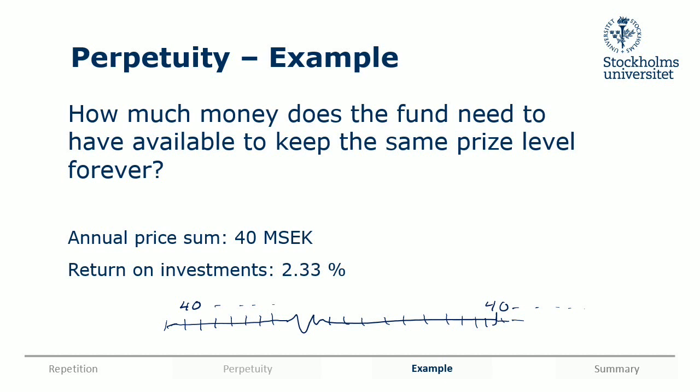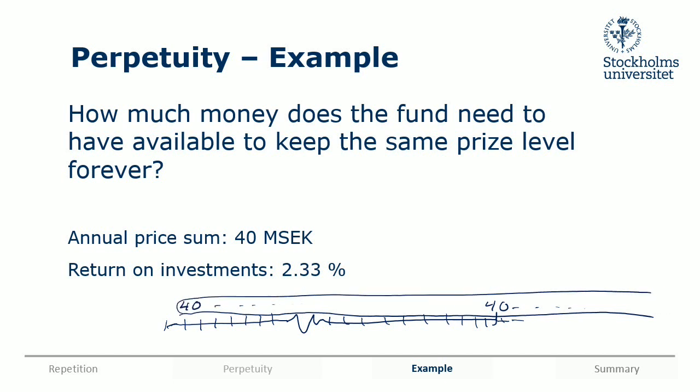and this will continue forever. We assume that. In order to know how much money we need on the account today, we discount all of these infinitely many cash flows till today.